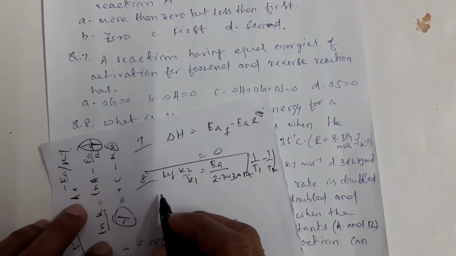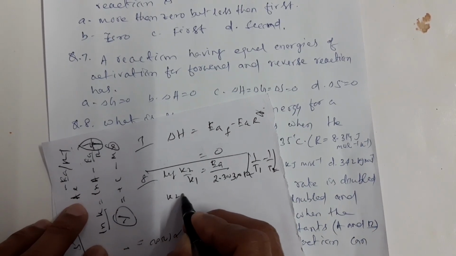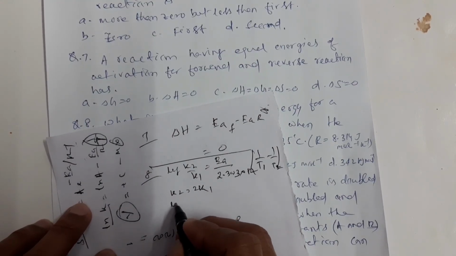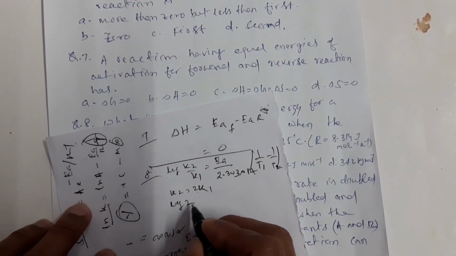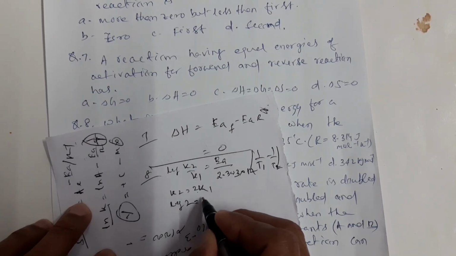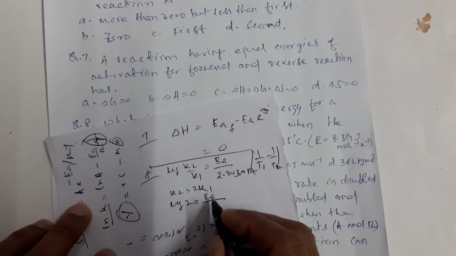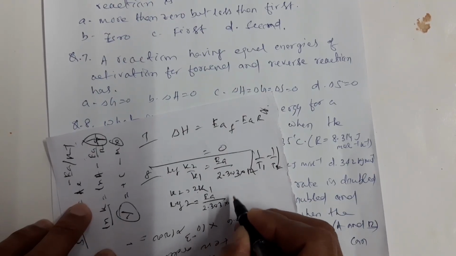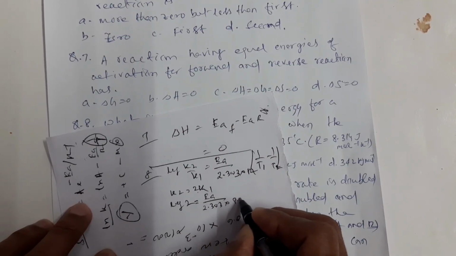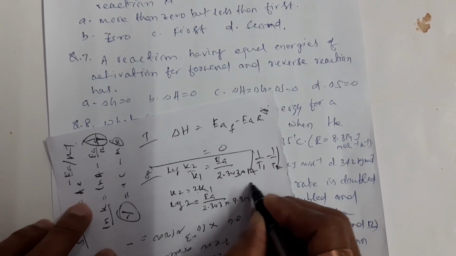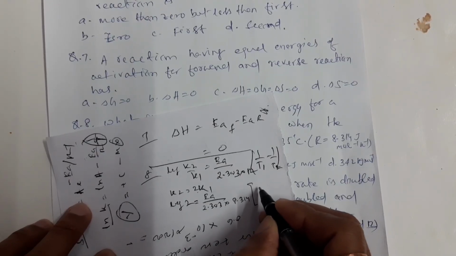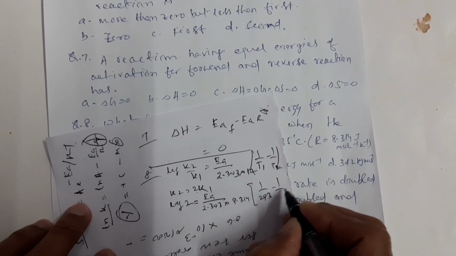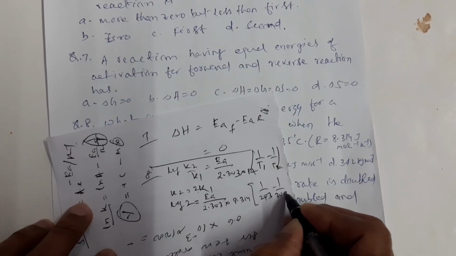So log K2 is equal to 2 K1, it is given. So putting this value, you will get log 2 is equal to Ea by 2.303, R value 8.314, T1 in Kelvin, 293 minus 308.